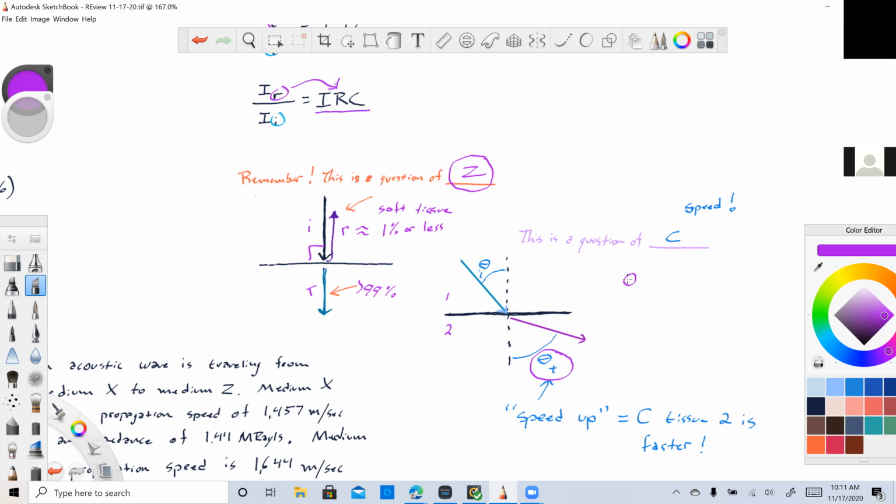In fact, let's just draw this here. Theta I is less than theta t. In other words, t is greater than I. Speed up.